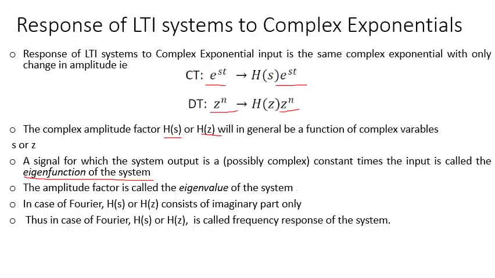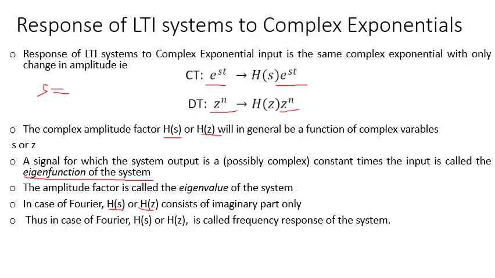In the case of Fourier, h of s or h of z are complex numbers.